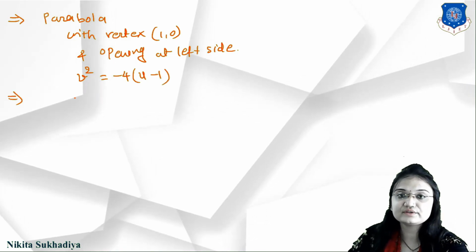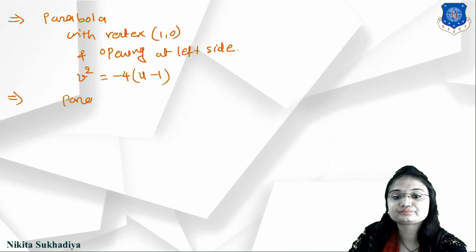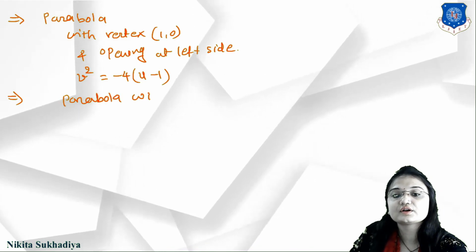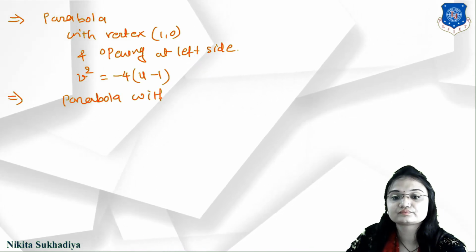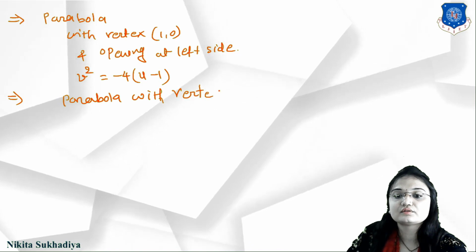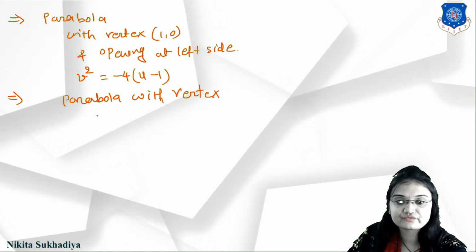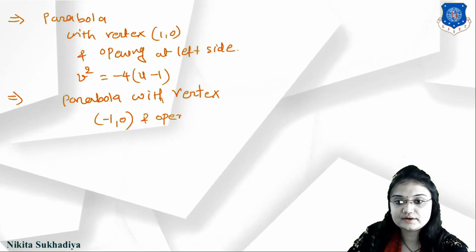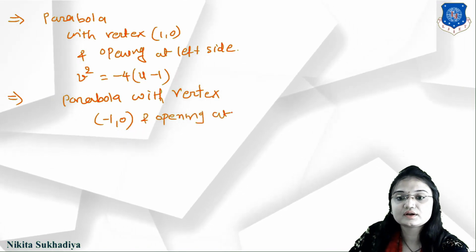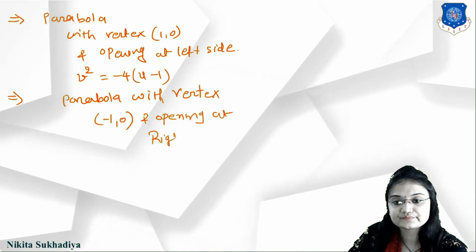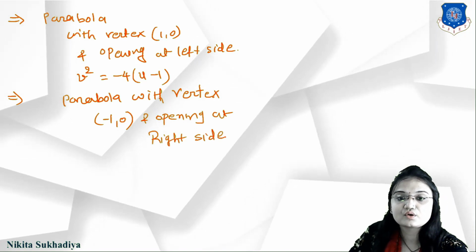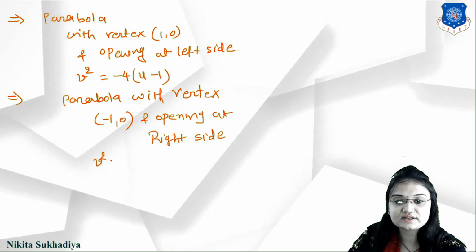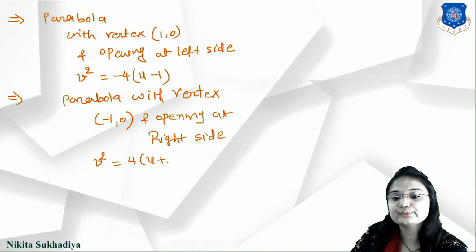Second, we have a parabola with vertex (-1, 0) and opening at the right side. This is like this: v square is equal to 4 (u plus 1).